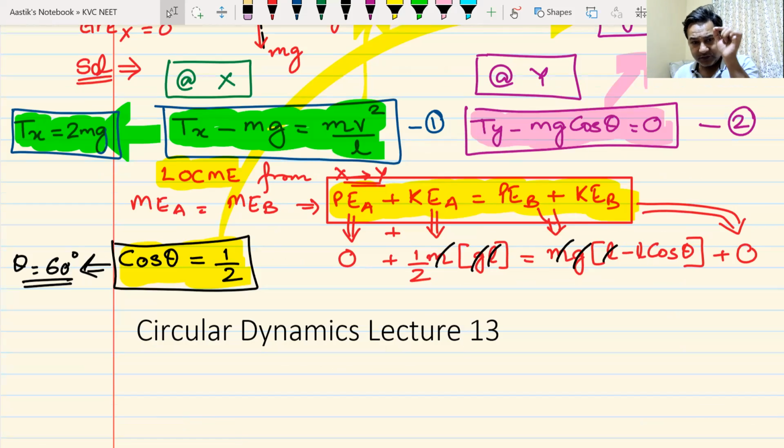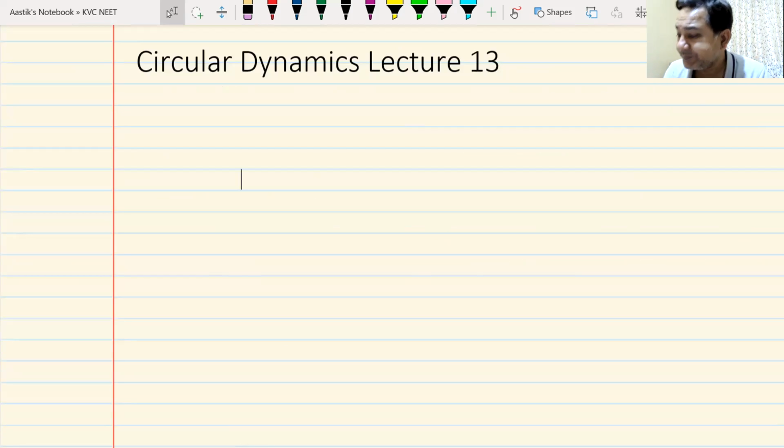So we have seen one particular speed at root 2gl. What happens if the speed is less than root 2gl? Now, the most general question, or the next question that will come in our minds, which must be already there, is: what will be the next case? Case number 3.